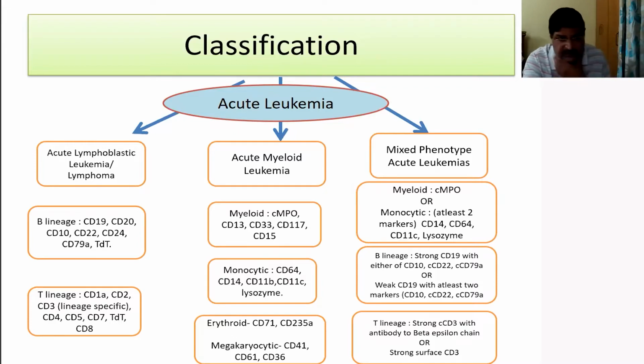Whereas in the T lineage acute lymphoblastic leukemia, you have the pan-T marker that is CD3, CD7, and you also have some immaturity markers like TDT, which is common to both, and you have the CD4 and CD8, which are the differentiation markers, along with some markers of immaturity in terms of CD1A and CD2. But the lineage specific marker is CD3. You can study both cytoplasmic CD3 and the surface CD3 in T-lineage lymphoblastic leukemia.